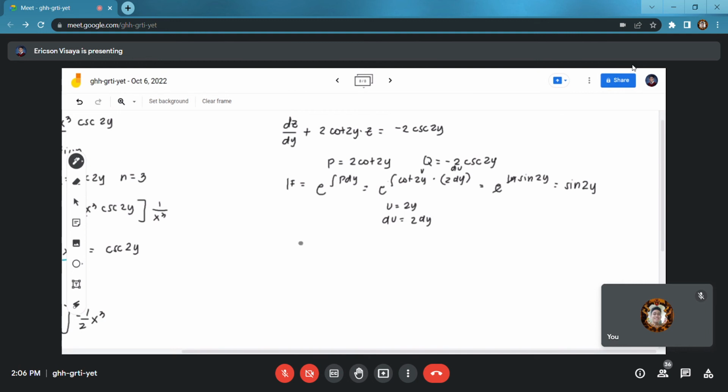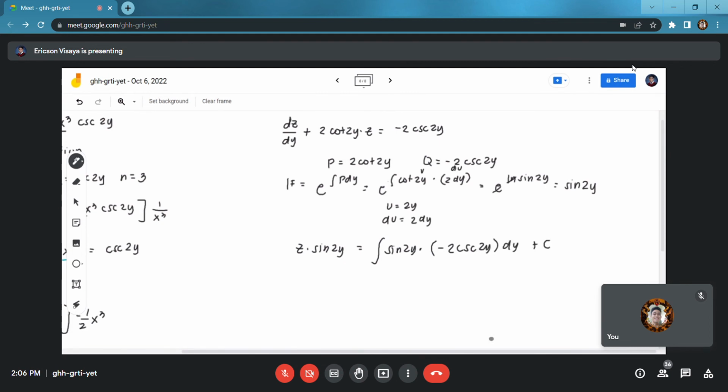dependent variable z. Z times ang ating integrating factor na sine 2y is equal to the integral ng ating integrating factor sine 2y times ang ating q, that is negative 2 cosecant 2y dy plus c.